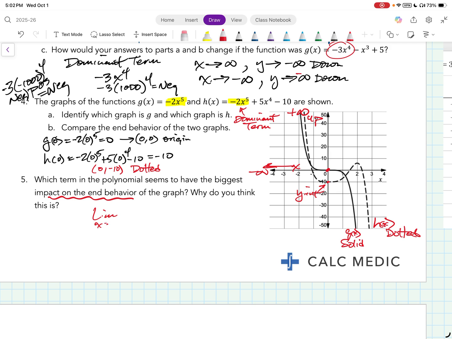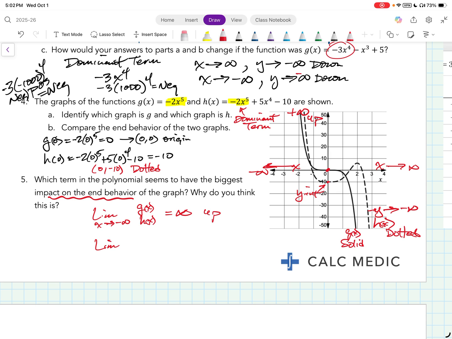So as x approaches negative infinity, for both functions, g of x, h of x, same thing, you get positive infinity because the function's going up. And then as x approaches positive infinity, the function's going down to negative infinity, so the y values approach negative infinity because it's going down.